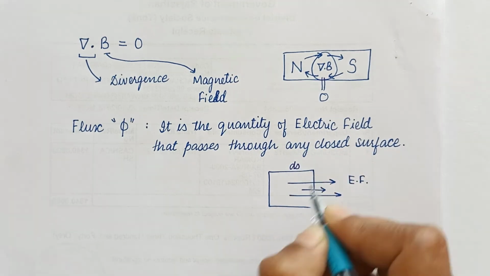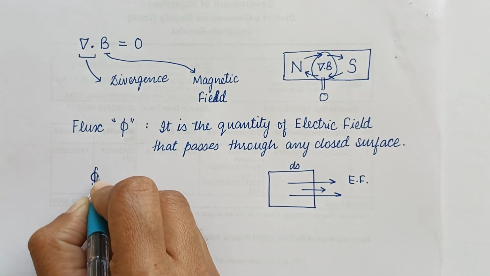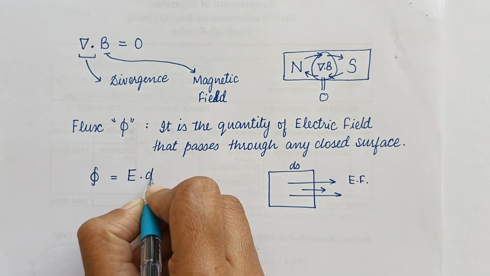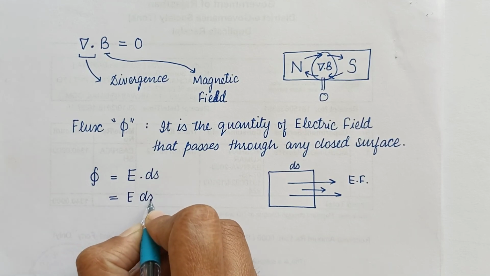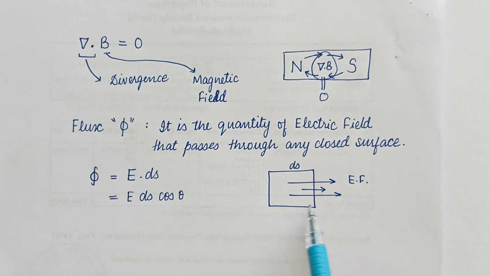Let ds be the small area, then flux under closed surface is given by E dot ds, which equals E ds cos theta. So the quantity of the electric field lines passing through any closed surface is given by the flux.